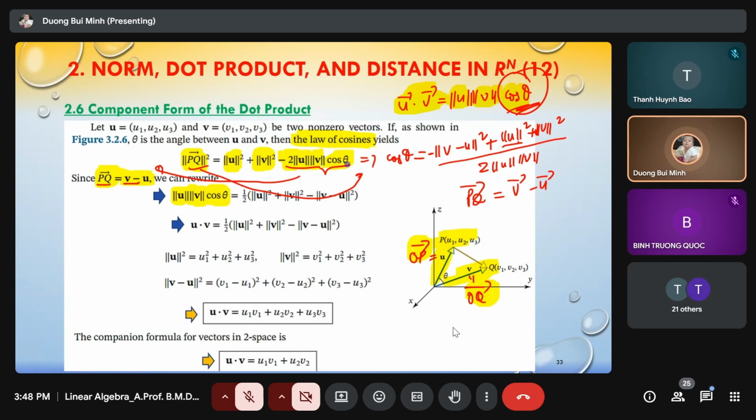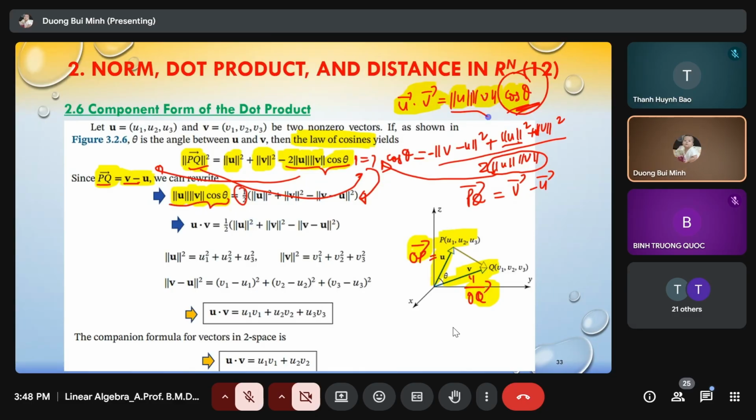From this one, you can modify to get this one, right? We just divide this by 2, and this one you just times here, so you get the magnitude of U, magnitude of V cosine theta, divided by 2, or we get half. So what is it?